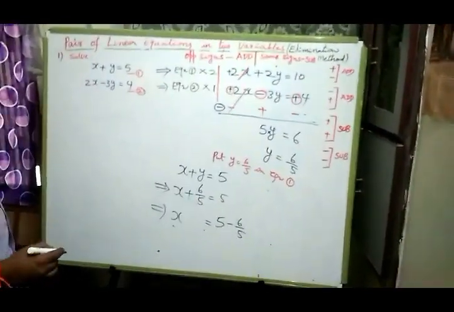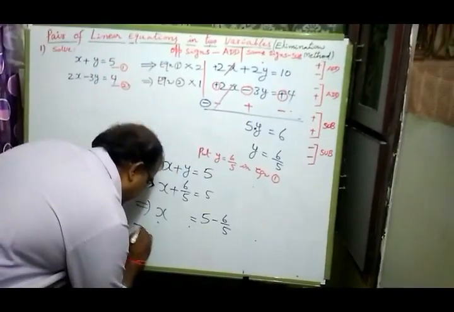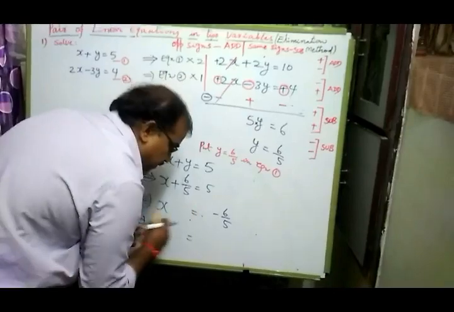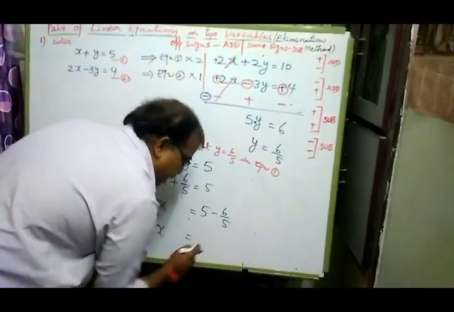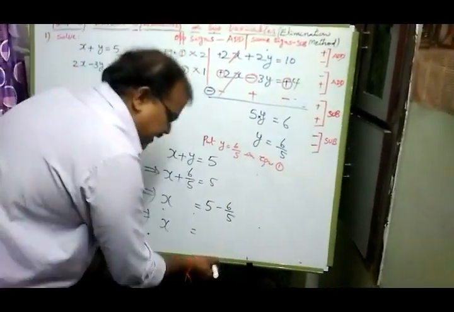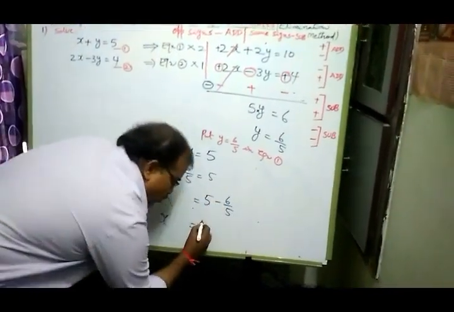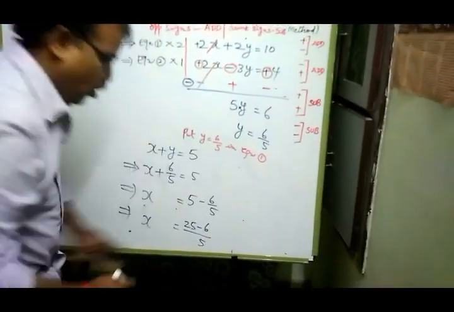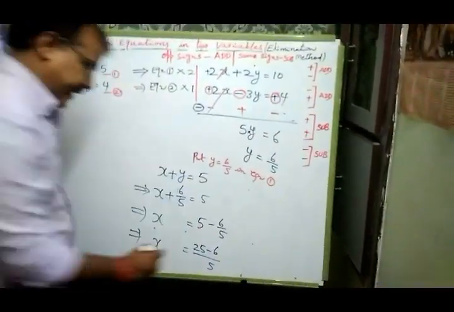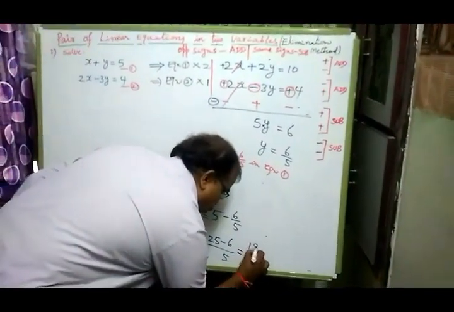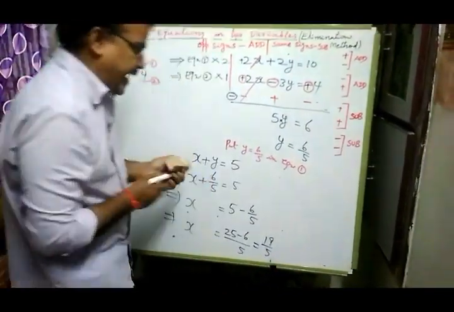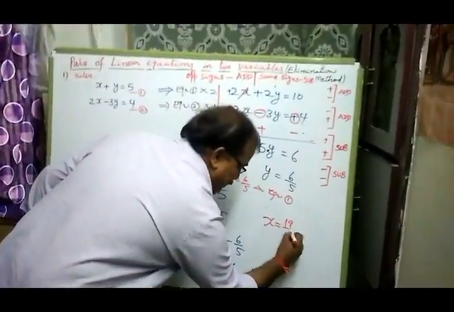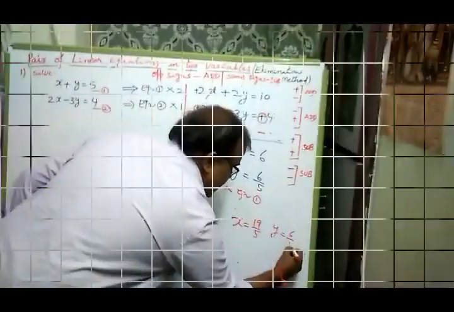You can take the LCM, otherwise a shortcut method: 5 fives are 25, 25 minus 6 is equal to 19 by 5. Therefore x is equal to 19 by 5, and y is equal to 6 by 5.